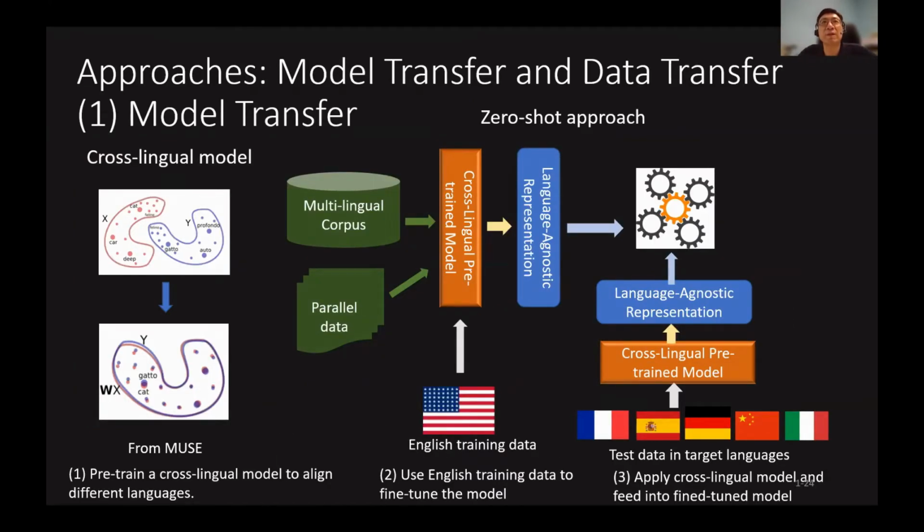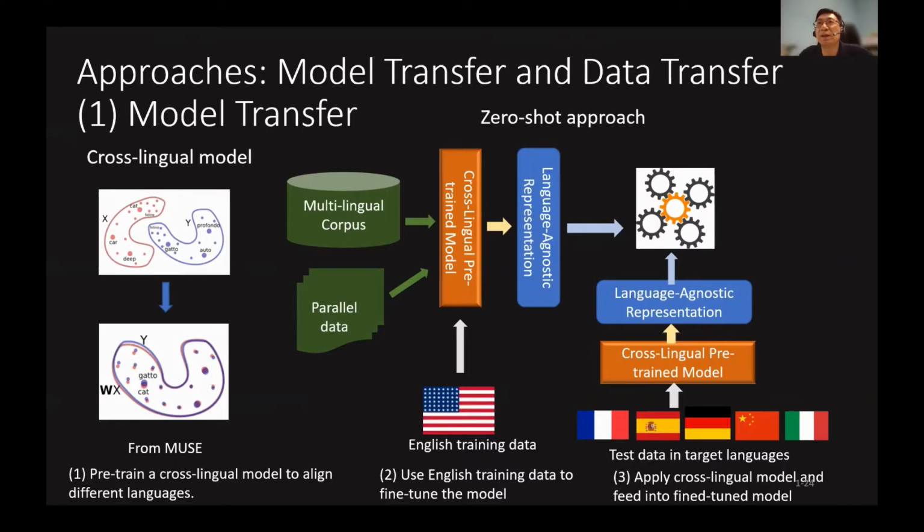Okay, now let us first discuss the model transfer approach. The first step in model transfer is to build a cross-lingual model. The purpose of a cross-lingual model is to learn the alignment between the representations for different languages, which is illustrated by these two figures. The upper figure represents the distribution of different languages before the alignment.